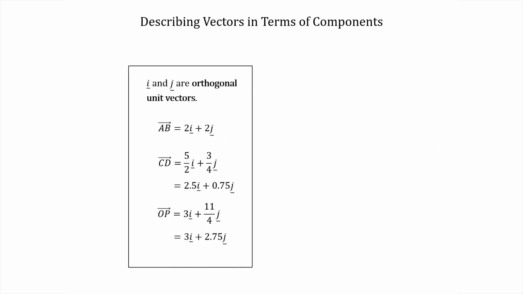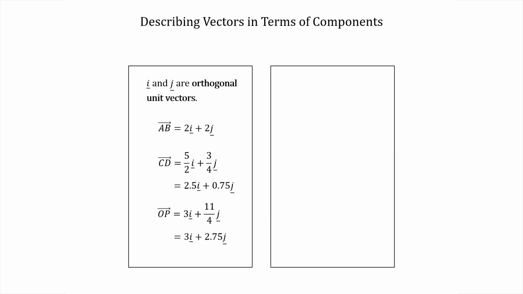Now, let's look at these expressions in more detail. The first thing to note is that when we express a vector in this form, the coefficients of i and j, i.e. the numbers multiplying i and j, are called the components of the vector. So, these are the components of AB, for example, 2 and 2. Another thing is that when vectors are expressed like this, addition is quite straightforward. Let's try adding AB to CD.